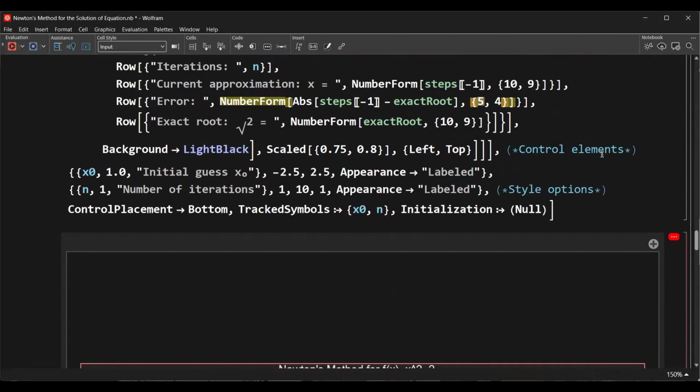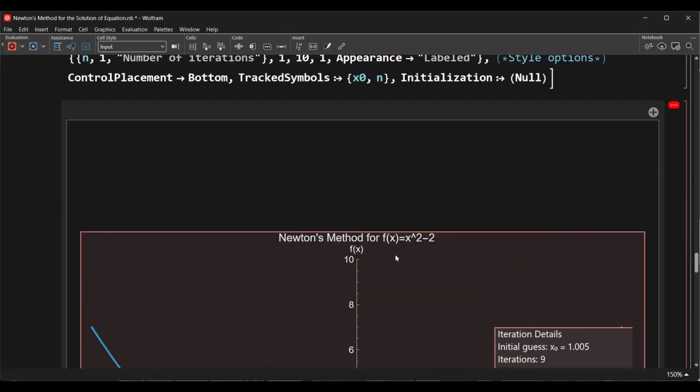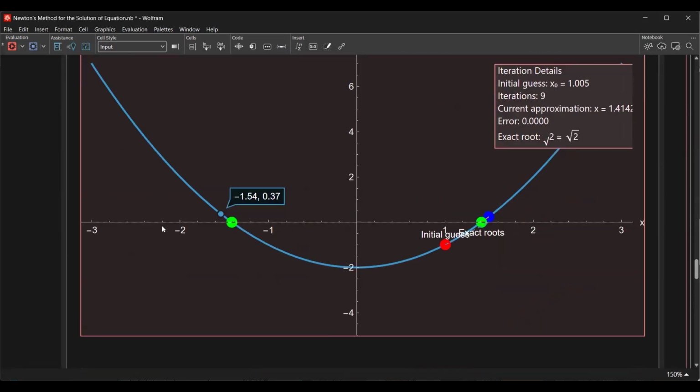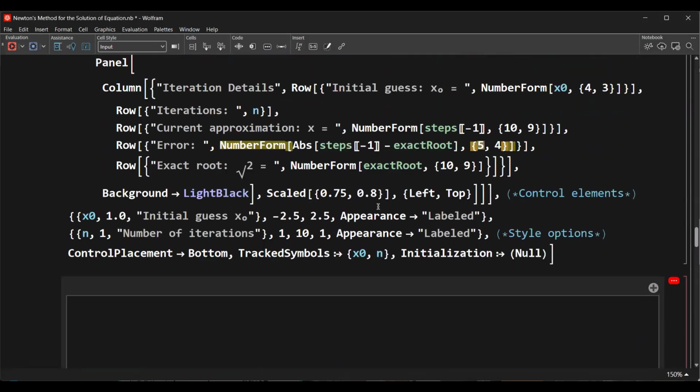And we have the control elements. So the initial guess is 1.005, ranging from negative 2.5 to 2.5. So we have the values from negative 2.5 to 2.5, and the appearance is labeled.